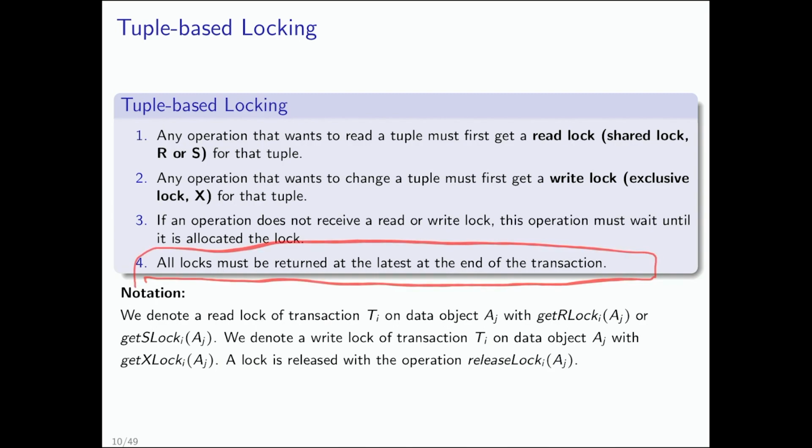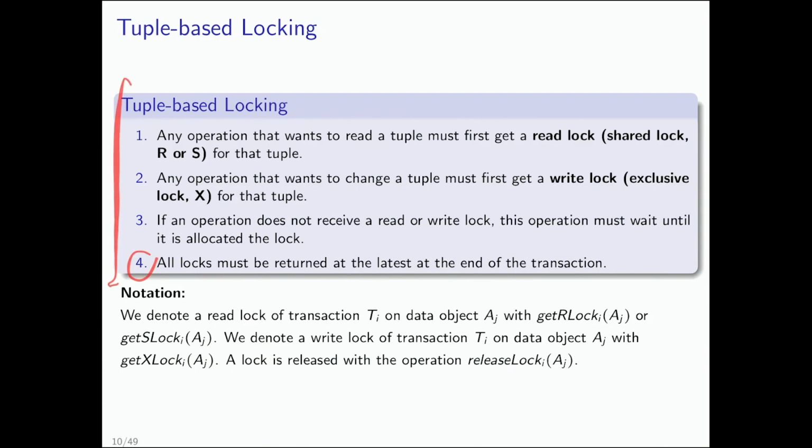If you keep the log forever, no one else will be able to read or write a specific tuple anymore. That's very important. If you don't follow this, you will screw up the algorithm. So, some notation: we denote a read log of transaction Ti on data object aj with get rlog i on aj, aj being the data object and i again being the index of the transaction.